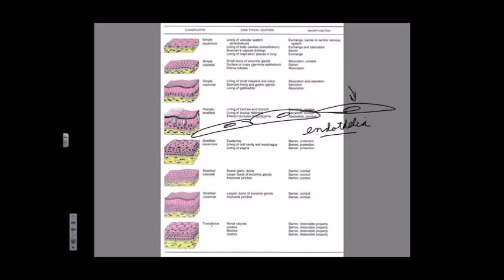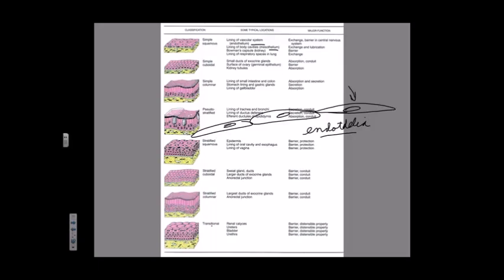So, simple squamous. Okay? And it already says, lining the vascular system, or the endothelium, lining body cavities. Yeah, simple squamous epithelium also lines the body cavities, and it's continuous with lining your organs. They're all flat cells. So your thoracic cavity, your chest cavity is lined with simple squamous epithelia.